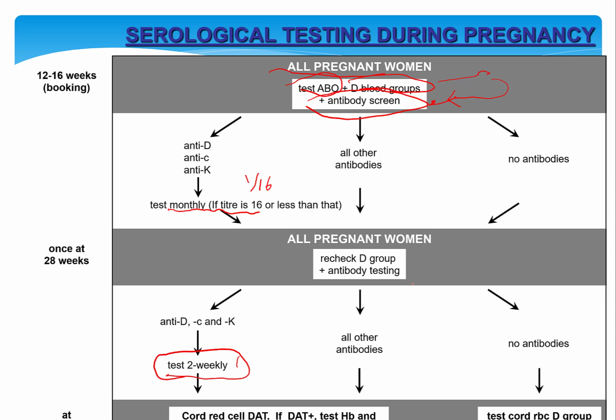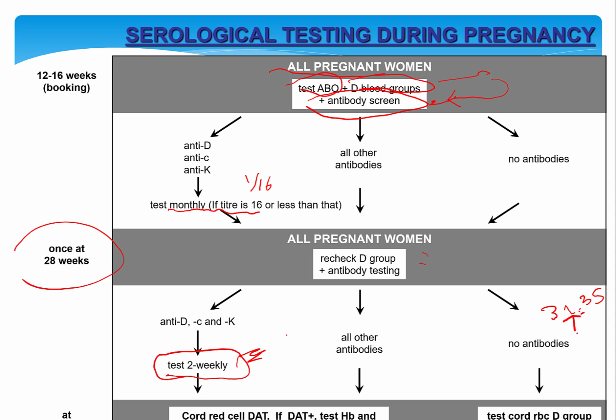If Rh negative but no antibodies, recheck at 28 weeks and around 34-35 weeks in our setup, and then repeat testing. If any antibodies are detected, you follow them regularly at 2 weekly intervals.